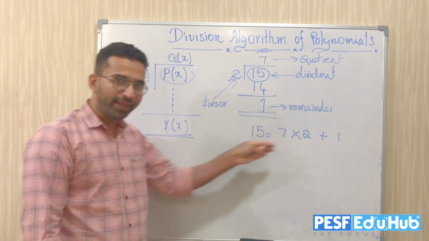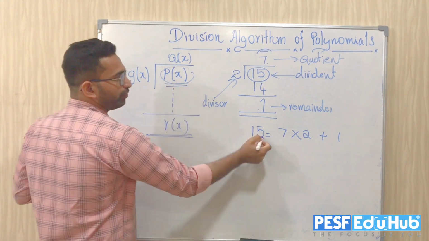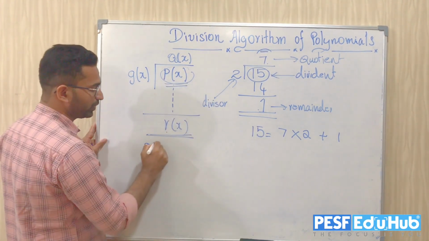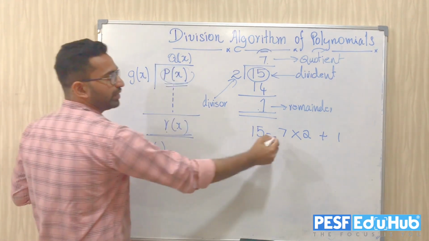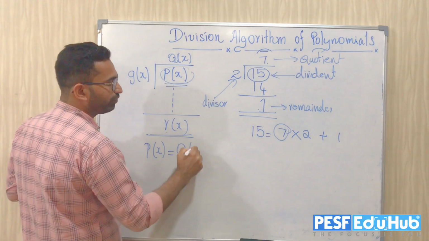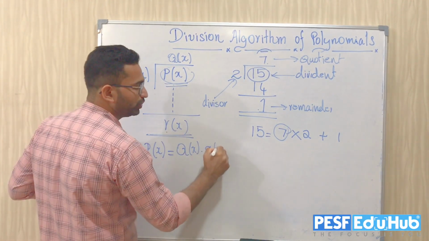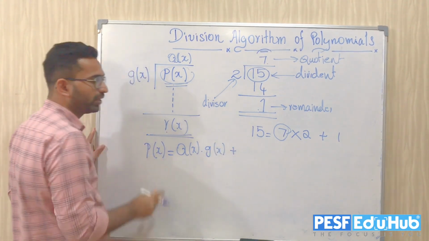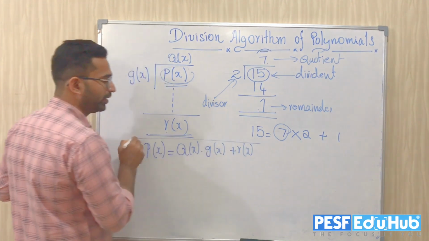The same thing extends here in the case of polynomials, that means instead of 15 I have P of X. So this polynomial P of X will be equal to quotient Q of X multiplied by divisor polynomial G of X, plus the remainder R of X. That's all.